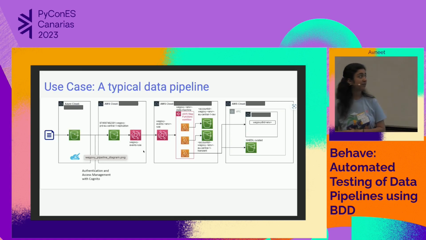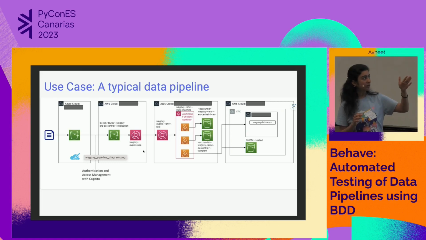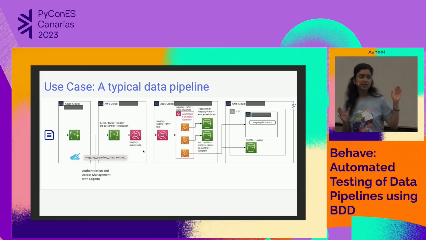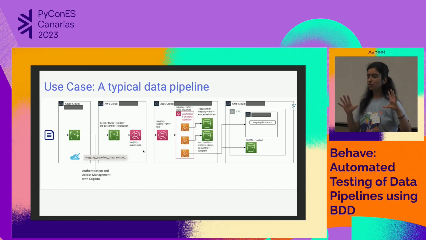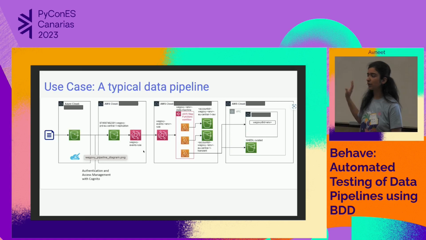As you can see, we have an interaction between multiple AWS accounts. This entire pipeline basically demonstrates a process where we receive the data in one AWS account, and finally we load it into our data lake.